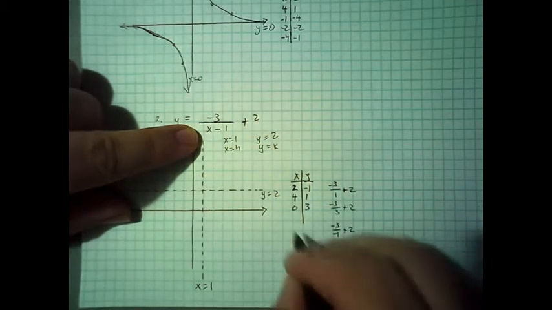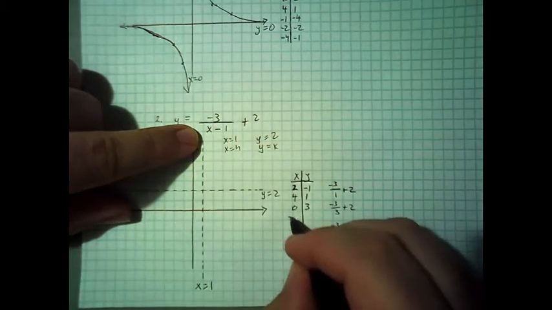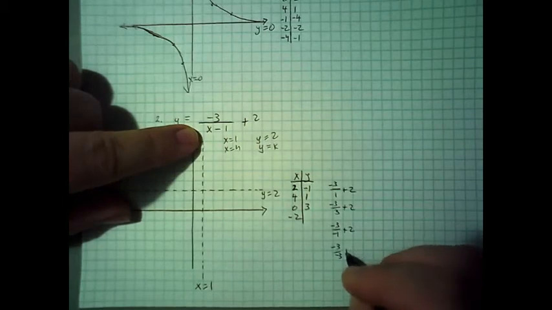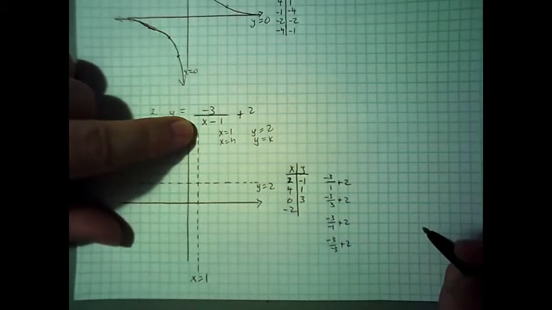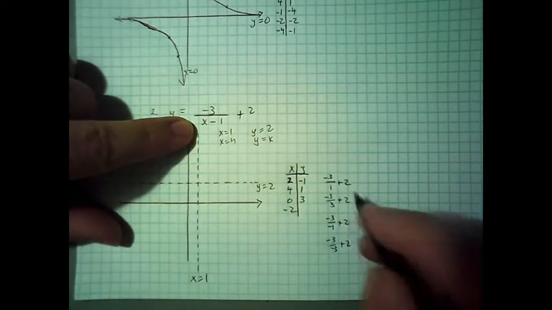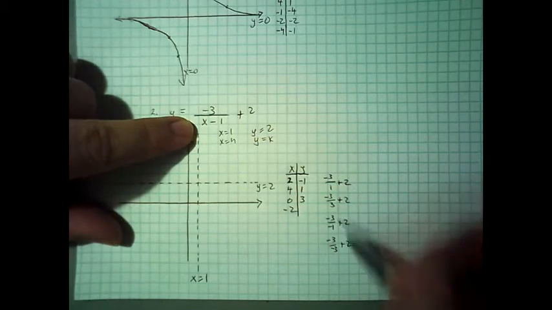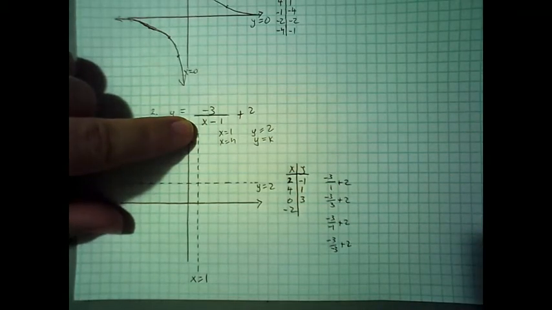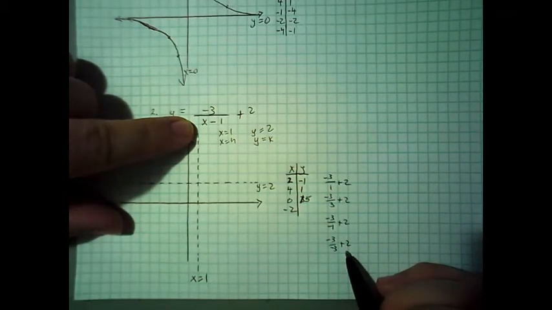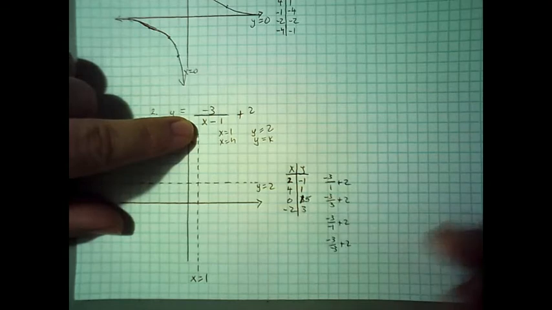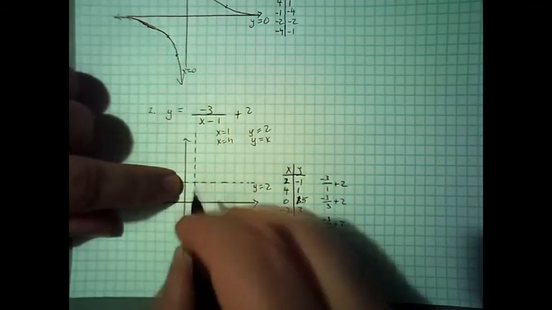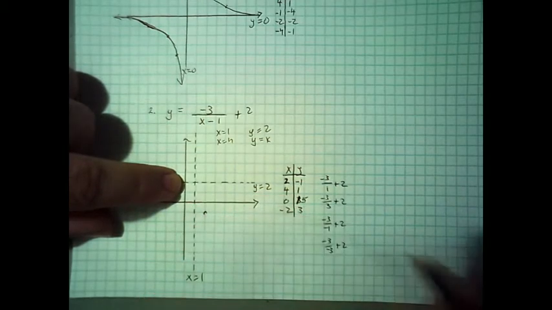And if I stick in -2, -2 minus 1 is -3, so that'll give me 1 plus 2, which is 3. Okay, 2, -1 is right here.